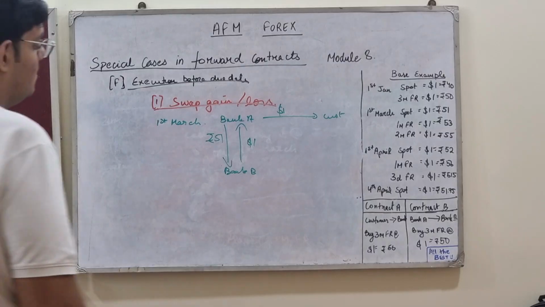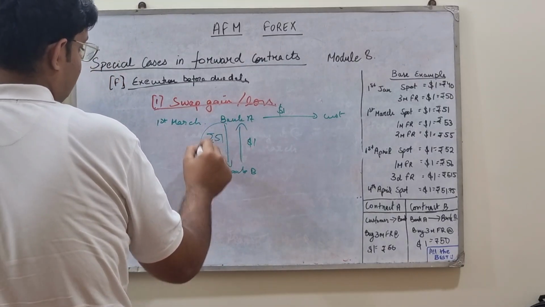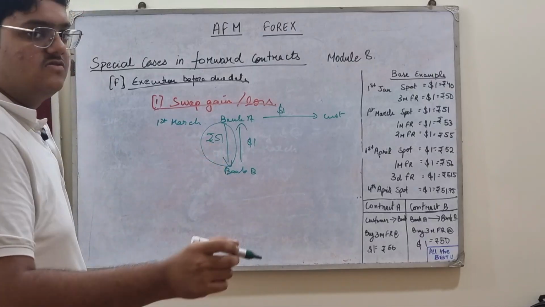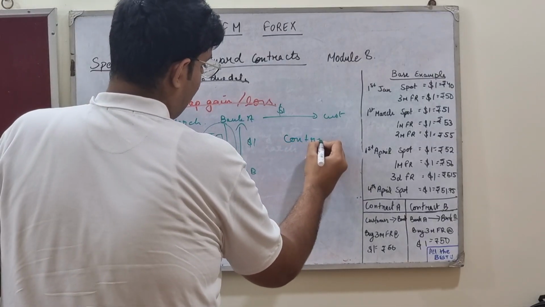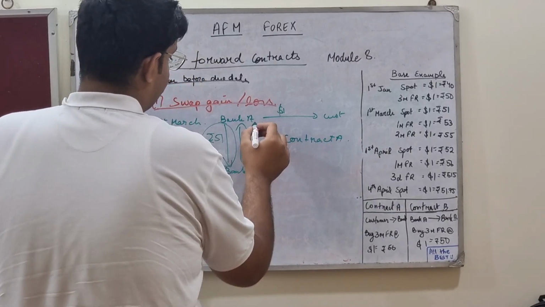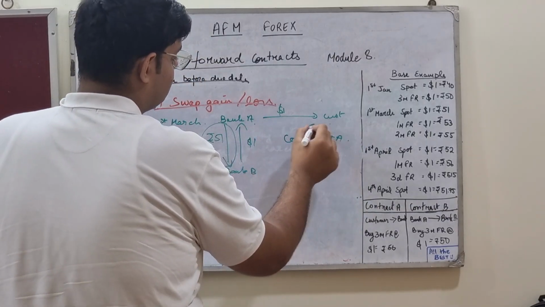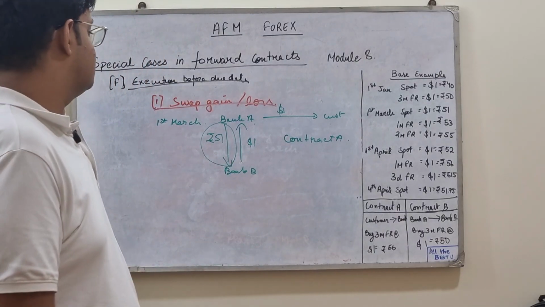Now, we have this one transaction that's going on, but we also have contract A. Contract A has not been cancelled yet. The bank still has a contract with the customer to sell $1 to the customer on 1st April.